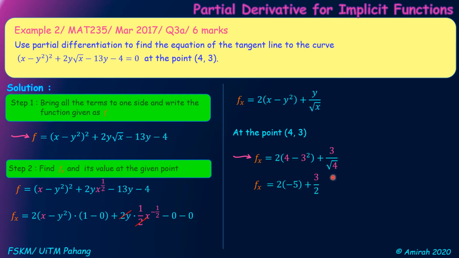Then we simplify. So we get 2 times (4 minus 9) equals negative 10, and then 3 over square root of 4 equals 3 over 2. Then we get fx equals negative 17 over 2.